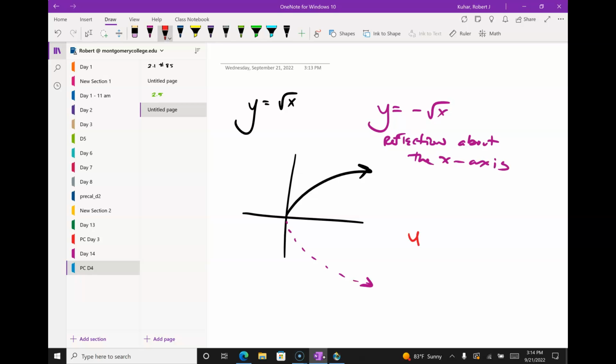If I look at y equals the square root of negative x, if I put that reflection interior, it's going to do this. So this is a reflection about the y-axis.